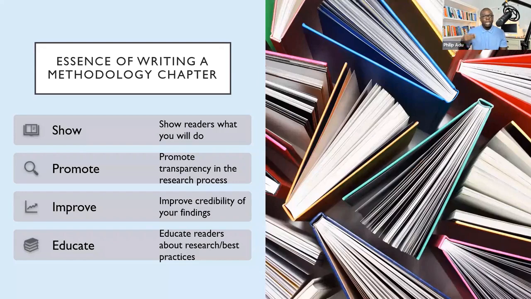You are teaching people the actions and the decisions that you took. And then future researchers can do the same thing or do similar things so that they'll be able to do a quality research. So it's a way of educating your readers too. So these are the reasons why it's important to write your research methodology.